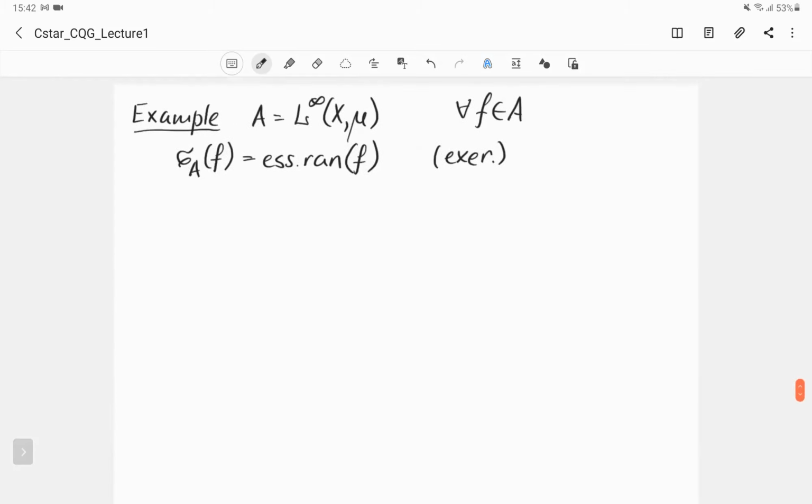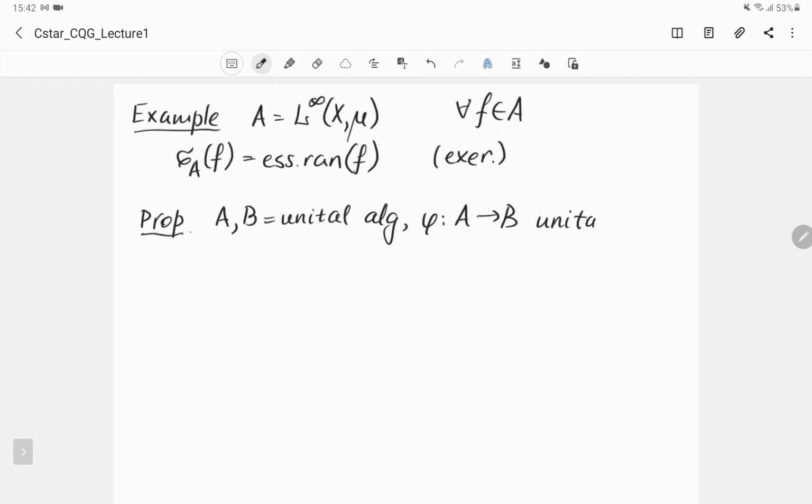Okay, let's now look at some simple algebraic properties of the spectrum. First of all, we have the following easy but useful proposition. Suppose we have two unital algebras, A and B, and suppose that phi is a unital homomorphism from A to B. Then we have the following results.